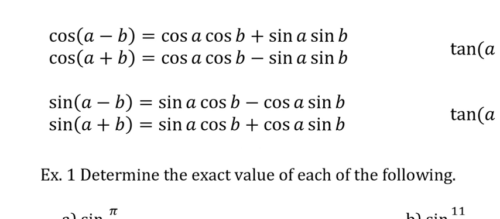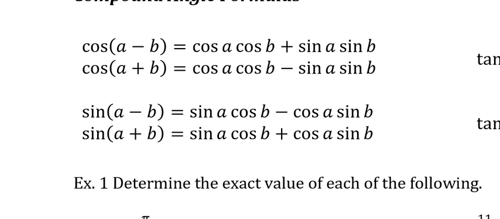But you want to have all these written down. If you didn't write them down yesterday, there they are. How are they the same? How are they different? Cos of A minus B is cos cos plus sine sine. Change the sign. Coses are together, sines are together. So A plus B, coses are together, sines are together. Change the sign.